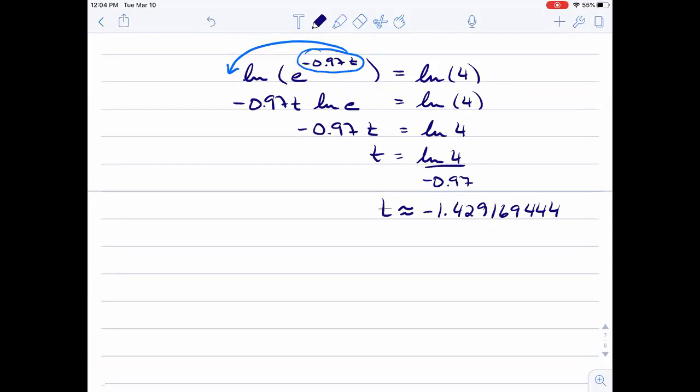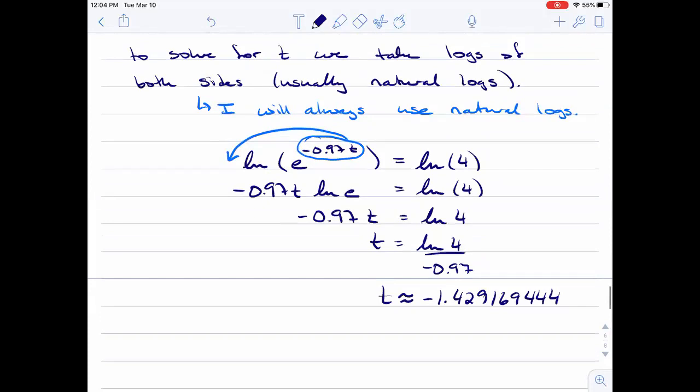This was just an example we made up, or I guess I made up, I'll take the blame. T is usually not negative. I mean, it can be, but often it's not. But that's how we're going to use it: to bring that variable we're trying to solve for down in front, we have to take the log of both sides.